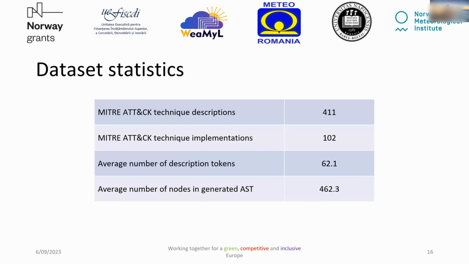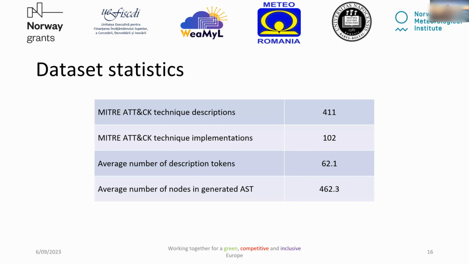All right, here are some statistics about our dataset. In total, there are 411 MITRE techniques, out of which only 102 have implementation. So there is a clear need for some helpful programmers. The sentences are a bit lengthy at about 62.1 words per description.